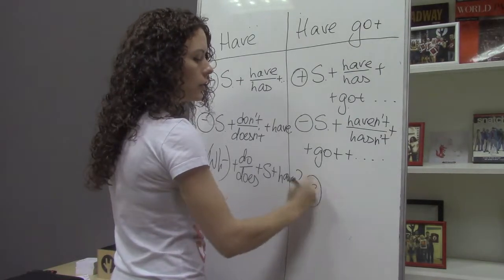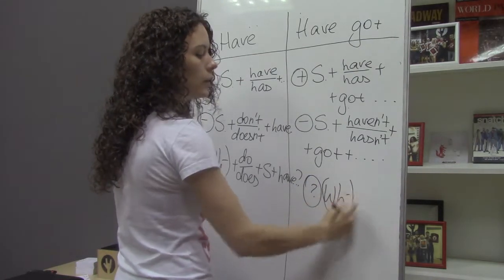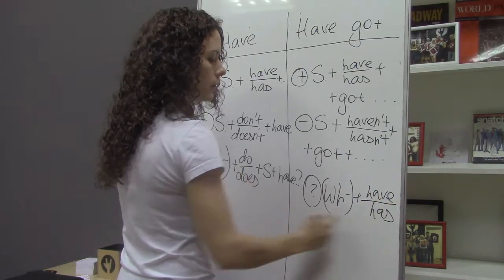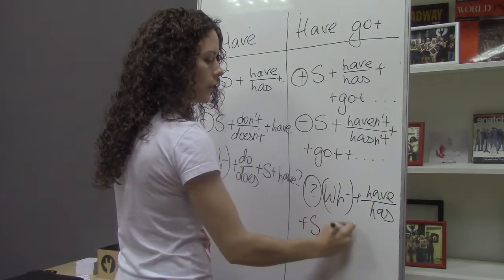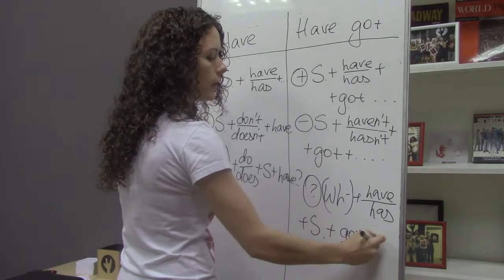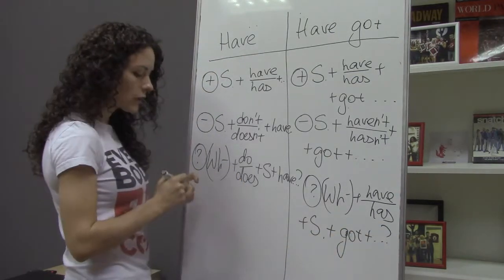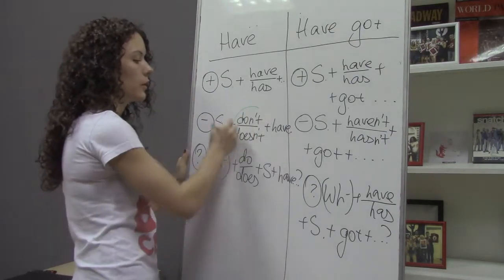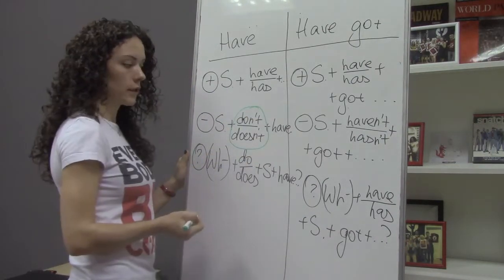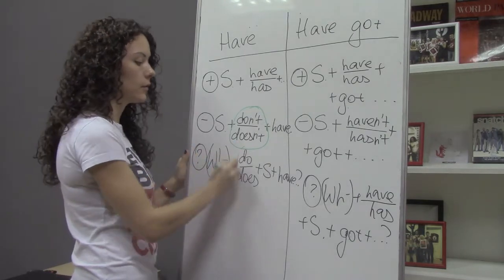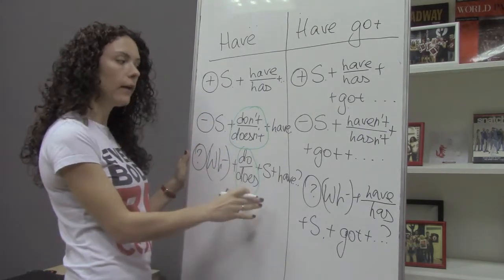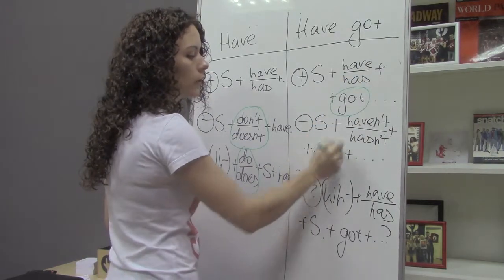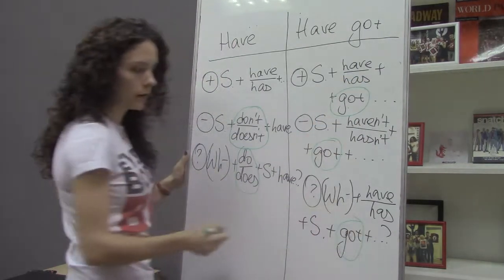And the question: WH question word, plus have or has, plus subject, plus got, and everything else. So it's very important to remember to use don't or doesn't in negative sentences and do or does in questions when you use have. And if you use the have got structure, don't forget to use this.